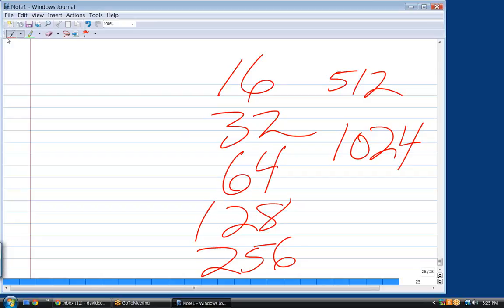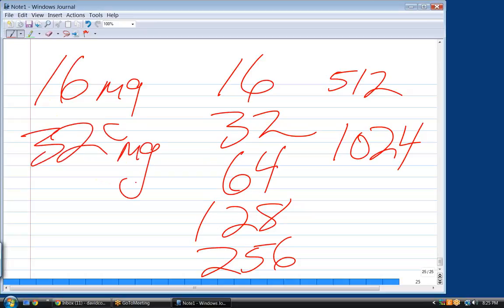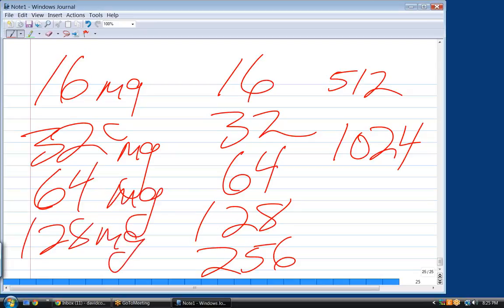When personal computers were being developed, you had 16 meg, you had 32 meg, then they went to 64 meg, and then 128 meg, and so forth. Why is that? Because computers are based on binary, base 2. So every time they make an increase, they go up by a power of 2.